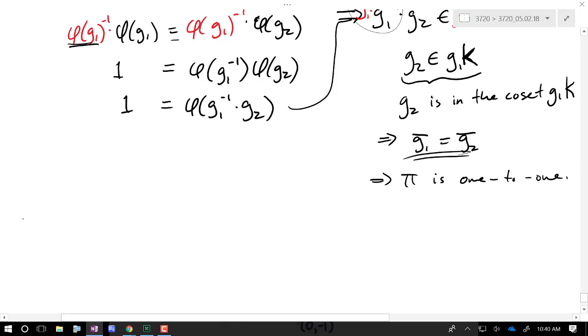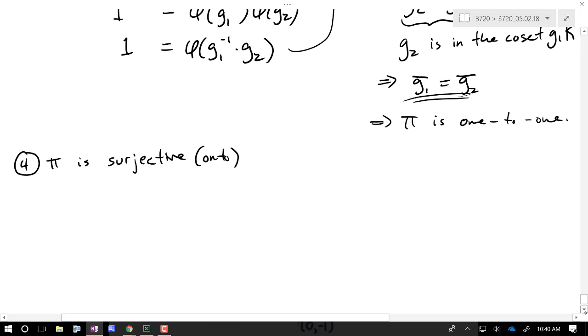So the last bit that we're going to show in class is that pi is surjective, or onto. So remember, keep in mind that pi is a function.